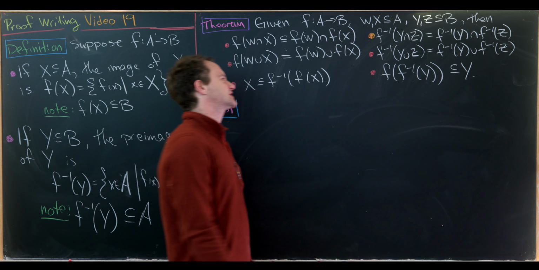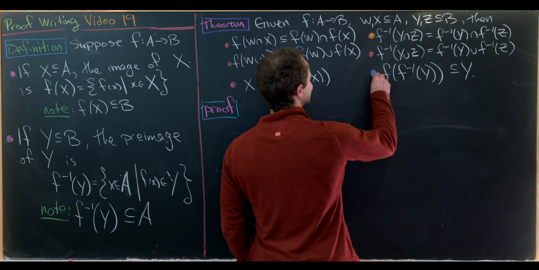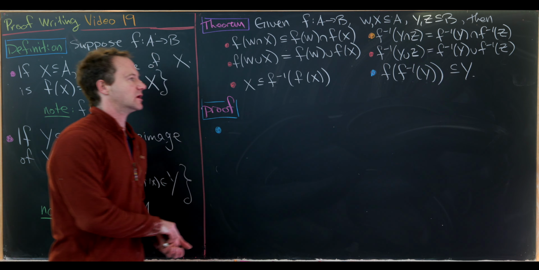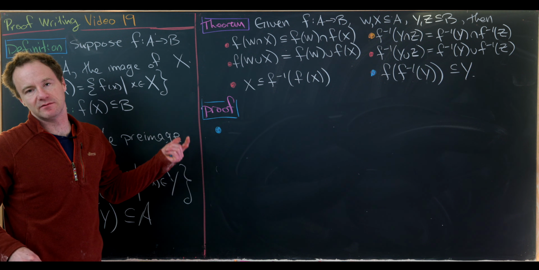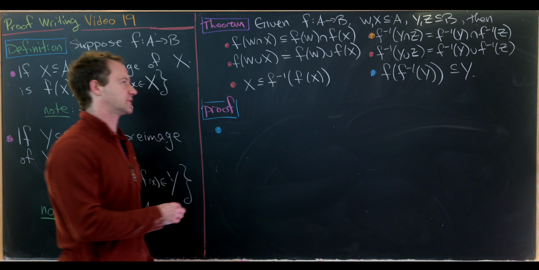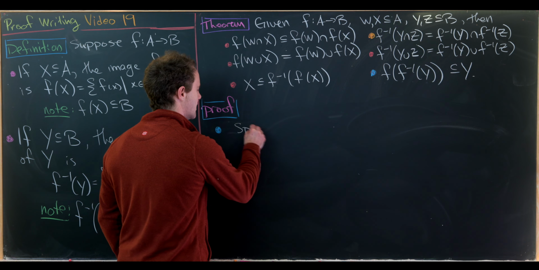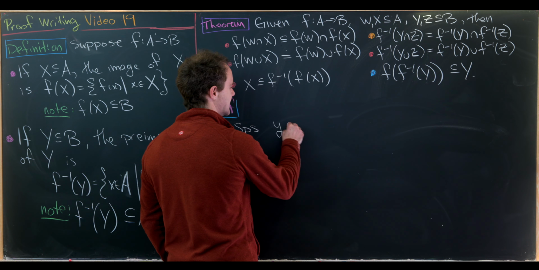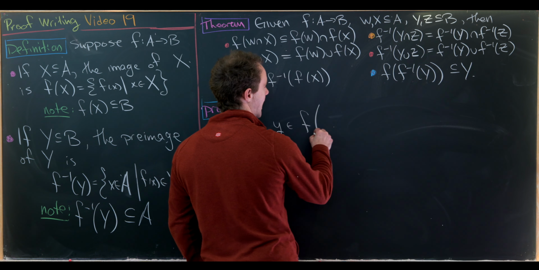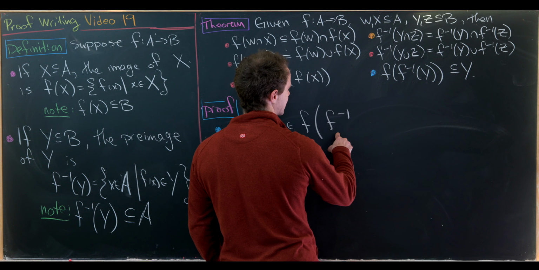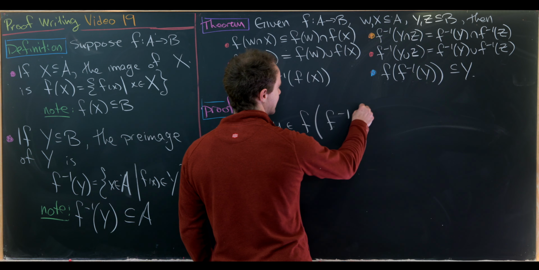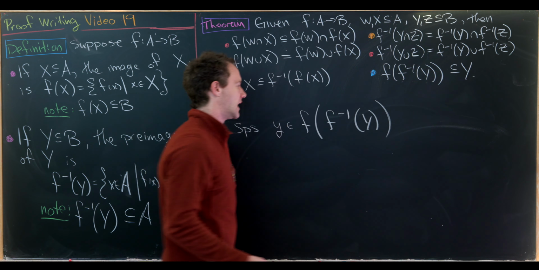So maybe for our next one, we'll prove this last statement here. So this is a single containment, so we only have to do one thing. So let's maybe suppose that little y is an element of the image of the preimage of y.